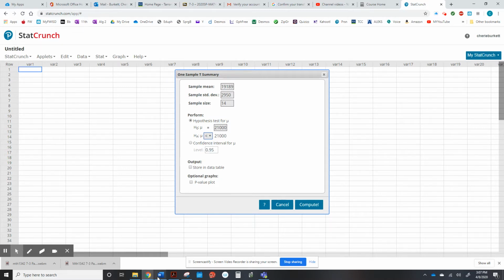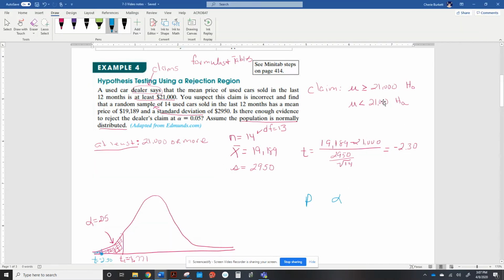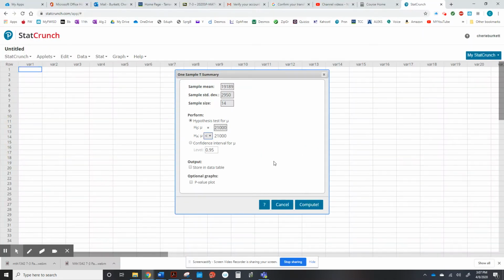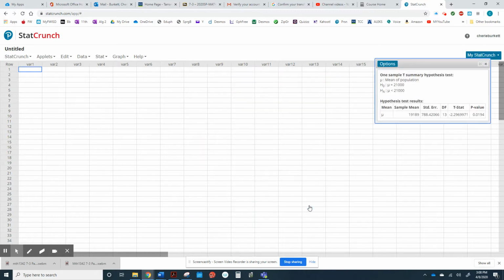And remember, all of that is written down right here. There's the less than, there's the mean, there's the sample mean, there's the sample standard deviation. You can have it plot the values if you want, but we've already got ours graphed, so I don't want to plot it. So I'm going to do compute. Here it gives us our t value, and it should match the one that we had.